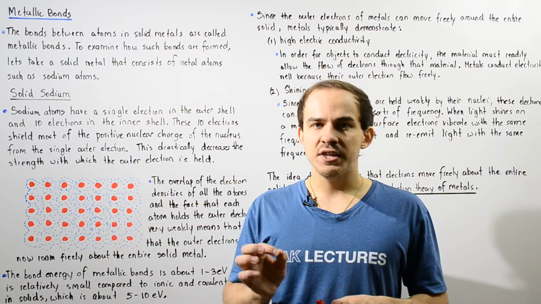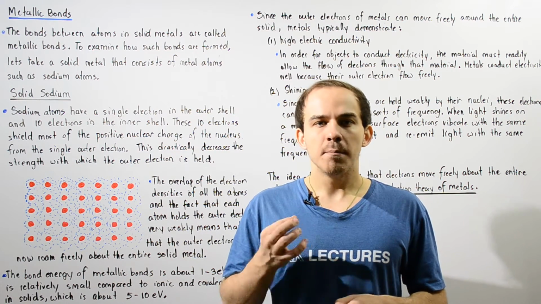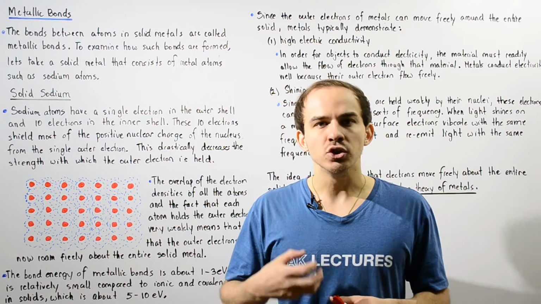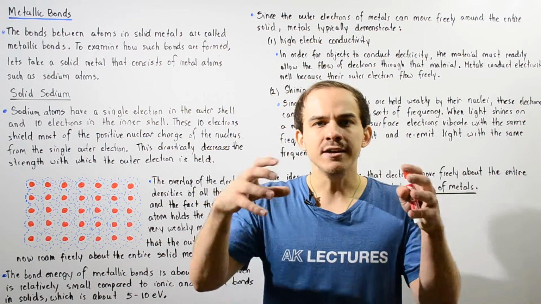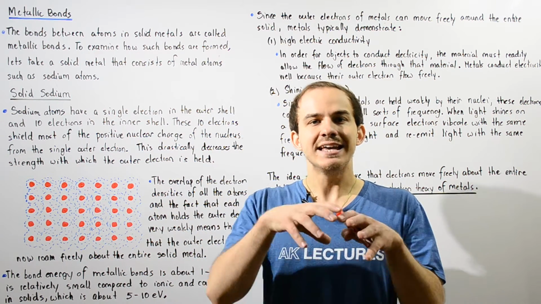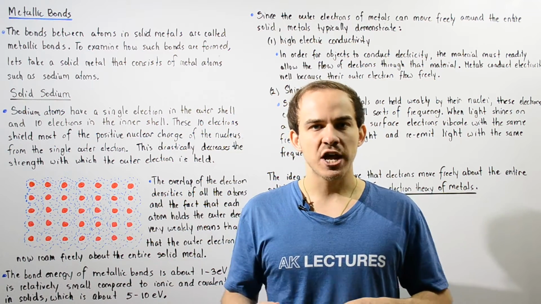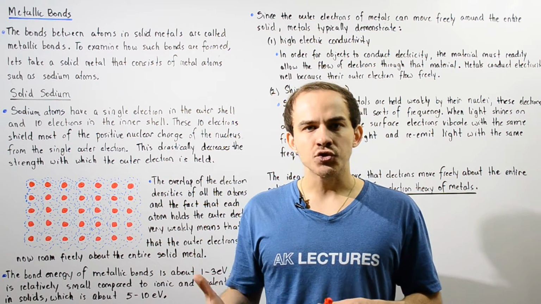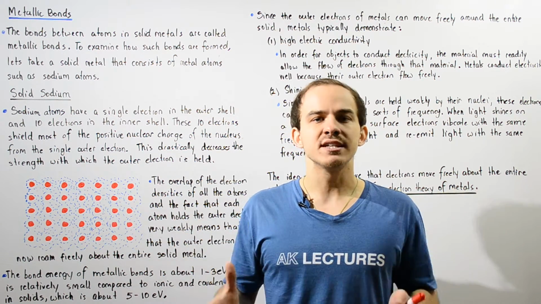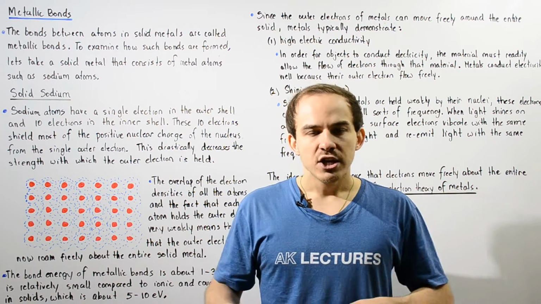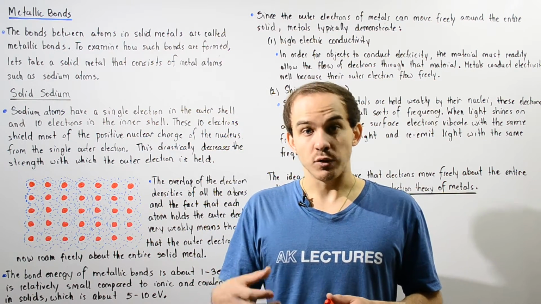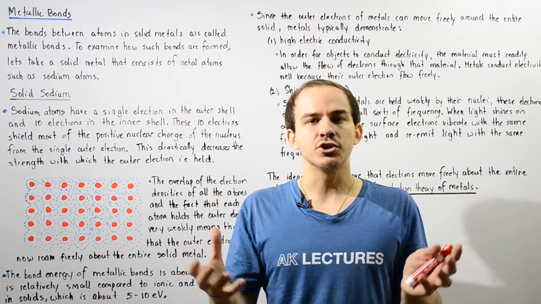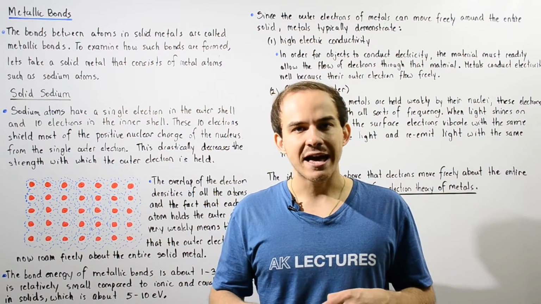Now 10 of these 11 electrons compose a very stable, low in energy inner shell that has a symmetrical spherical shape, and the final electron is found somewhere outside that inner shell. So we say this outer electron is found in the outer shell of our sodium atom.